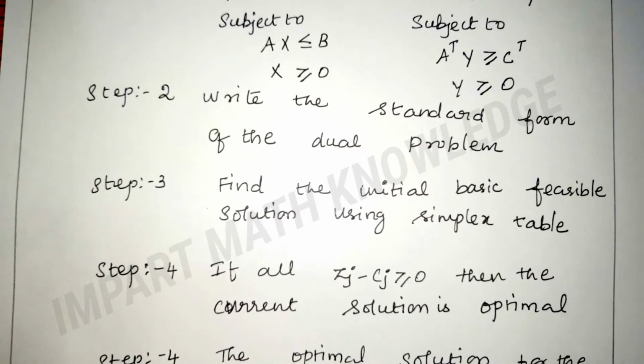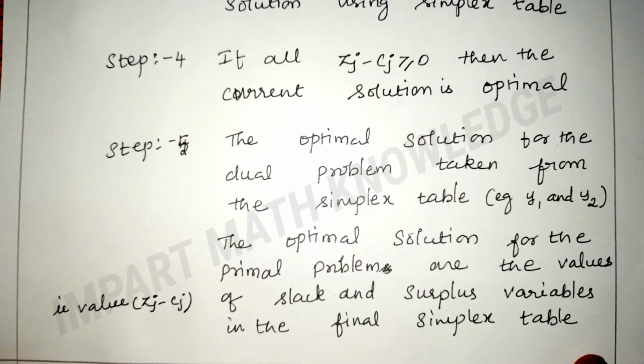Step 2, we have to write the standard form for the dual problem. Step 3, we have to find the initial basic feasible solution using the simplex table. Step 4 is, if all Sj minus Cj are greater than or equal to 0, then the current solution is optimal. Step 5 is you need to find the optimum solution for the dual problem as well as the primal problem.